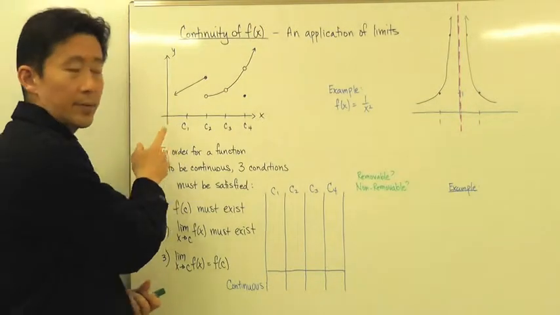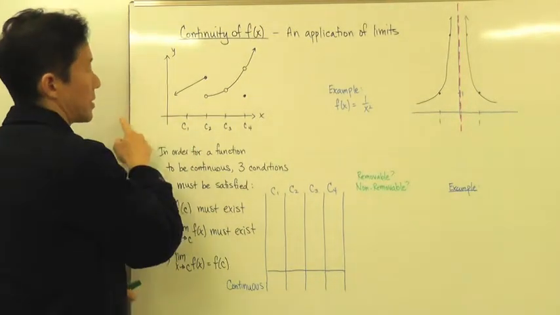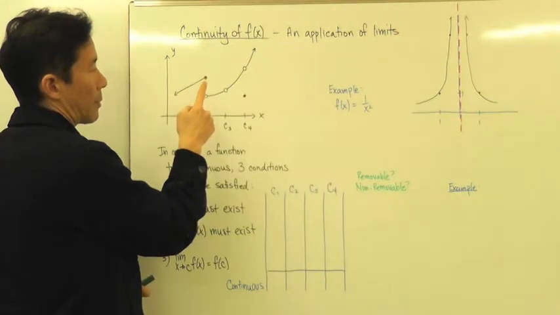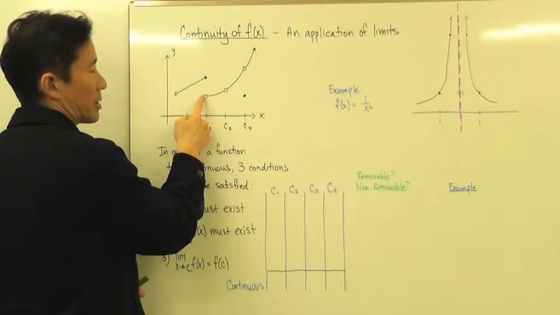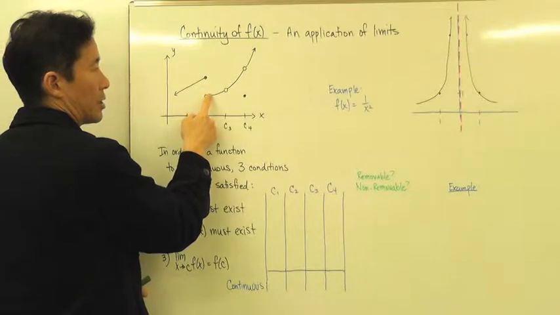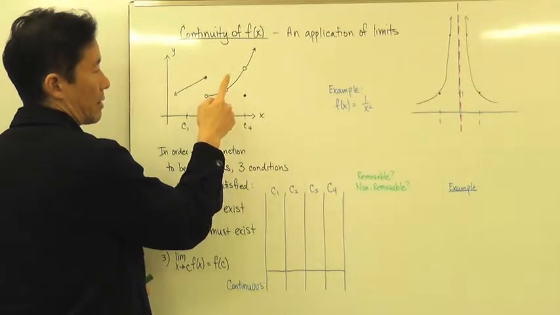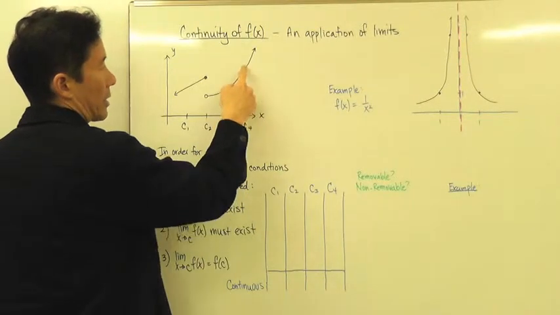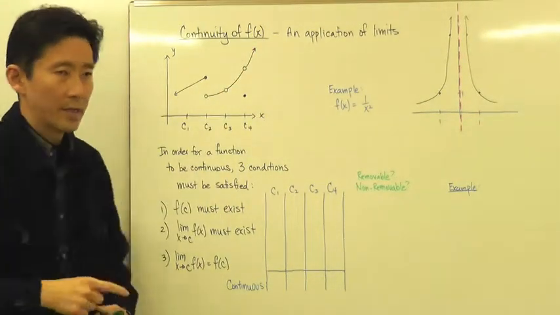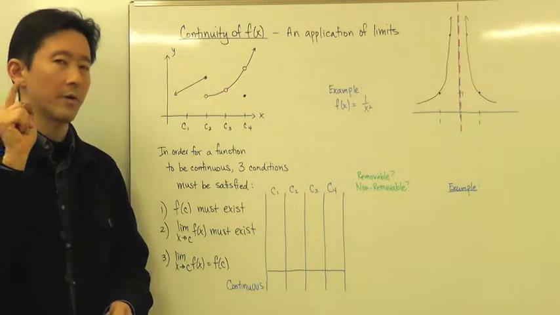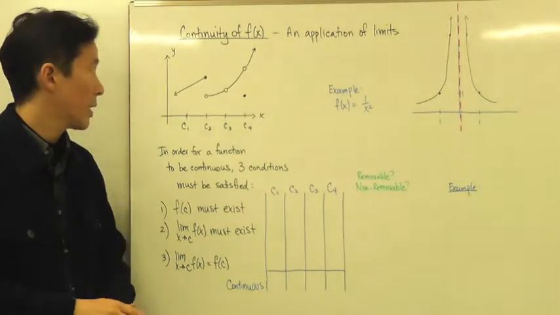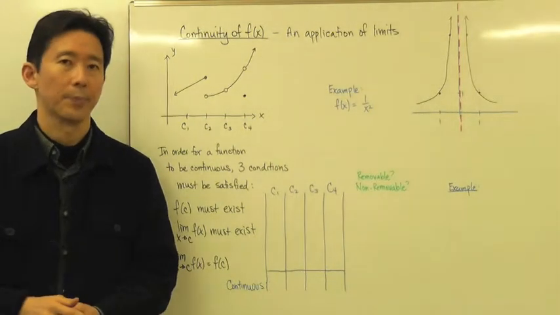If, for example, like in this case, I lifted my finger off of the paper to start the function again at a different location, or even in this case over here, lift it to move over here, come down here, and come back up there, since I'm lifting my finger off of the paper, I've got what is called a point of discontinuity.